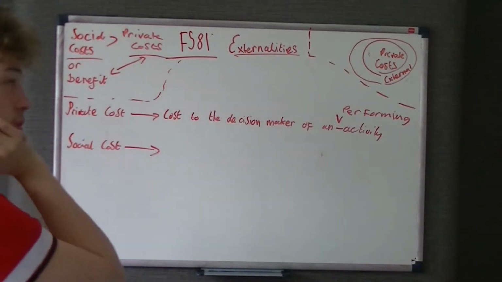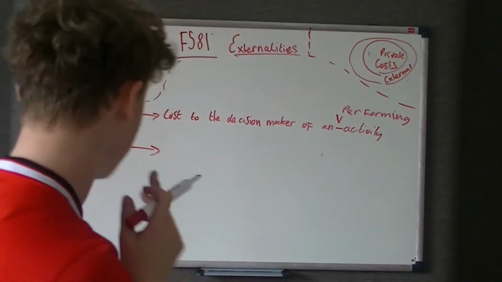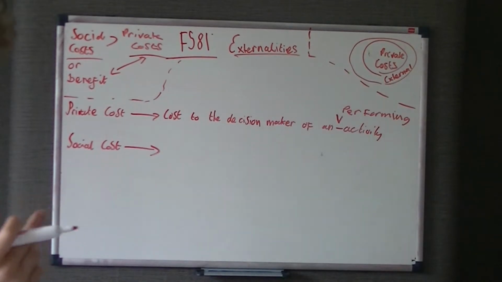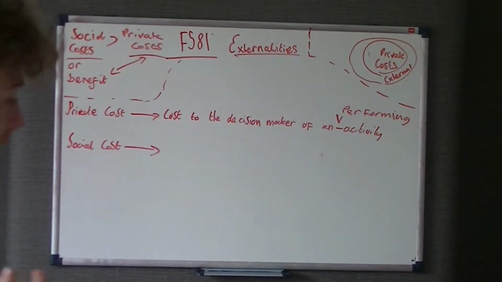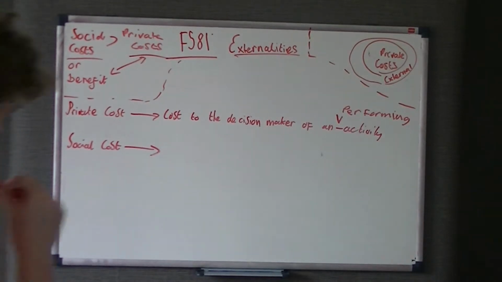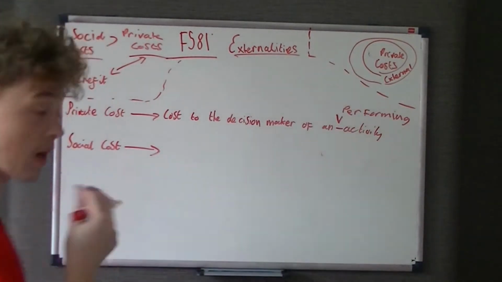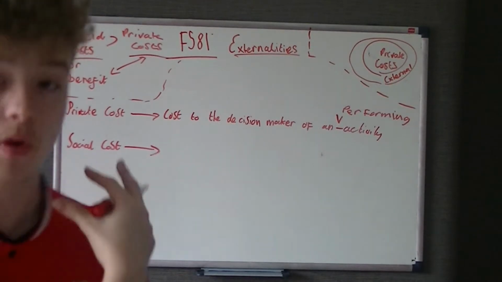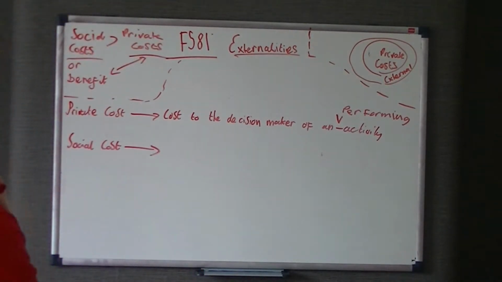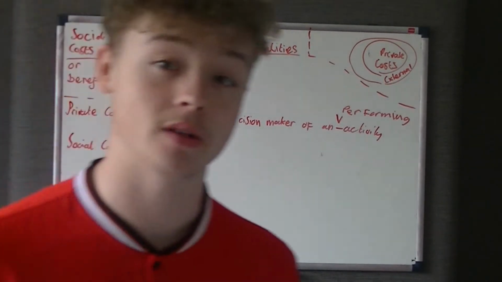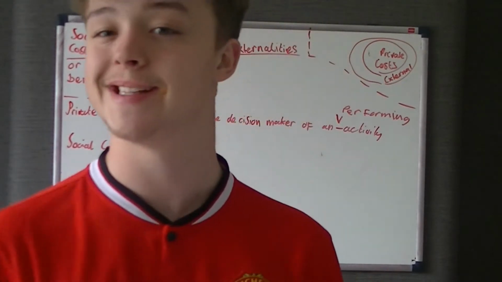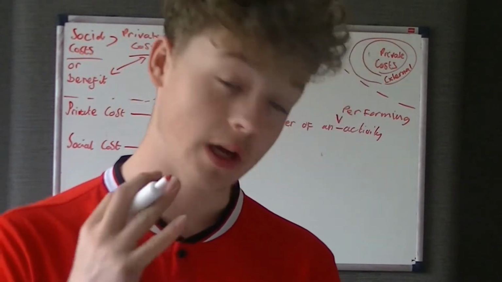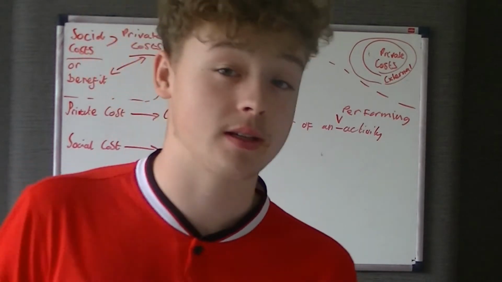So, if the social cost has to exceed the private cost, it basically has to have the private cost included. So how can we word this? The social cost is not just the private cost, you and I, it's the external cost as well. The external cost impacts on a third party, which is not directly related to performing an activity.